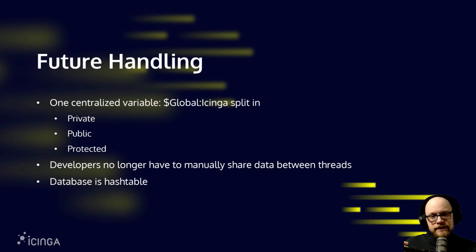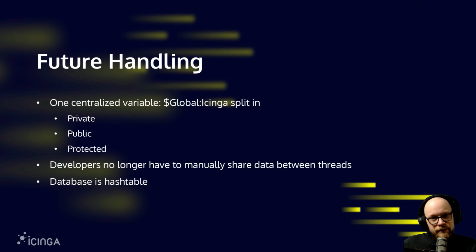And what happens is that you no longer have to manually share any of the variables there, because the public space is automatically set and made available for all new threads you create. This affects all background daemons currently developed by users that are not Icinga related.